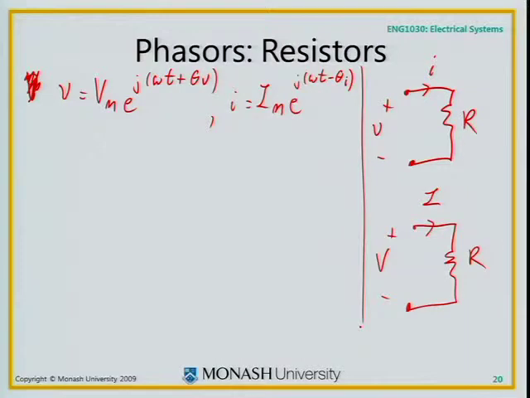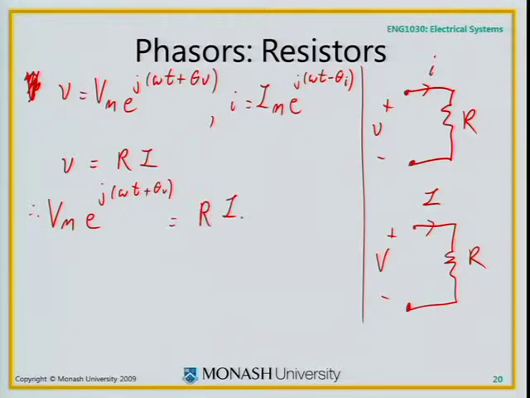What do I know? I know Ohm's law. So I know in the time domain that V equals Ri. Therefore, Vm e to the j omega t plus theta V equals R times Im e to the j omega t plus theta I.